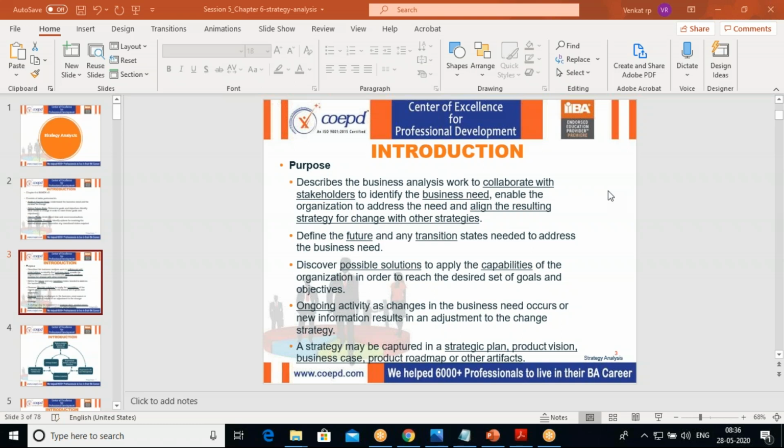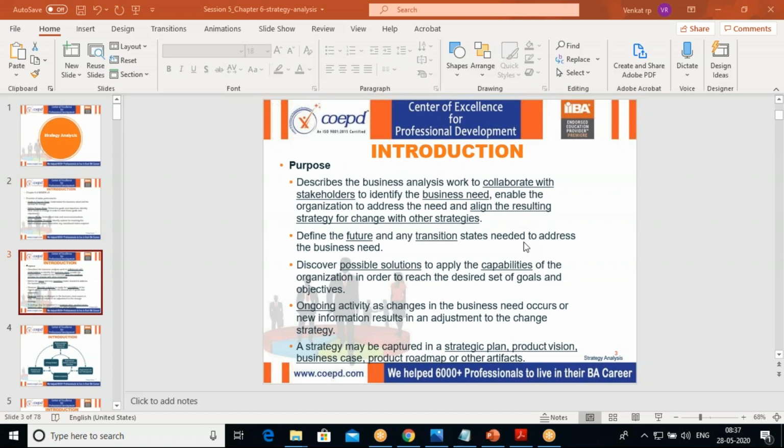Here what they are saying is that first of all you need to understand the stakeholders, because you need to collaborate with the stakeholders to identify the business need, and you have to enable the organization to address the need and align the resulting strategy for change with the other strategies. You can't exactly make a change all by yourself. So the impact of this particular change on the enterprise and on the organization and with the other initiatives and the current working conditions, everything we have to consider, then we have to go ahead to propose this particular change.